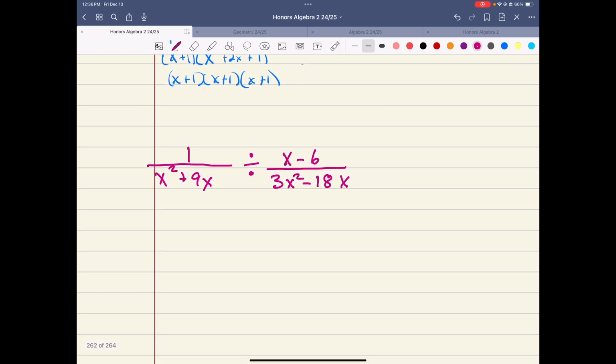Let's look at this second one. So we've got 1 over x squared plus 9. I'm just going to rewrite it, times 3x squared minus 18x over x minus 6. So the first one can be factored to 1 over, if I take an x out, x plus 9.